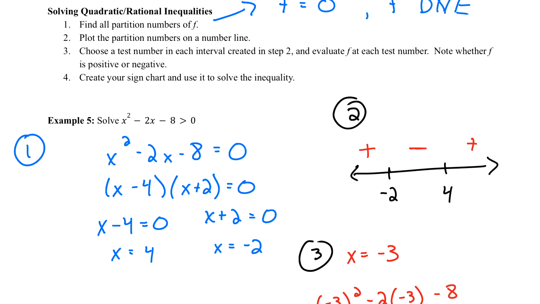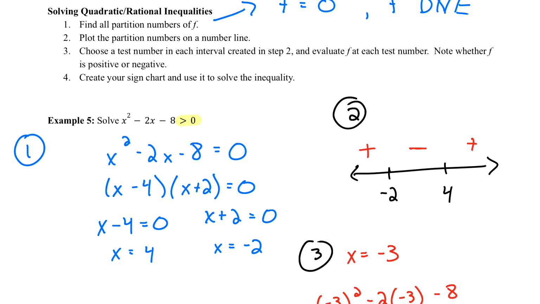So I'm going to look back at the inequality that I was working with, and we had x squared minus 2x minus 8 is greater than 0. In particular, we said greater than 0. So if we're talking about numbers which are greater than 0, well, we've got 2 options. We've got positive numbers and we've got negative numbers. If we're talking about numbers which are greater than 0, we're talking about positive numbers.